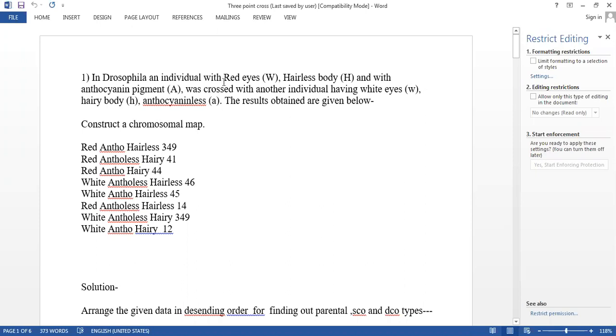The results obtained are given below, and construct a chromosomal map.